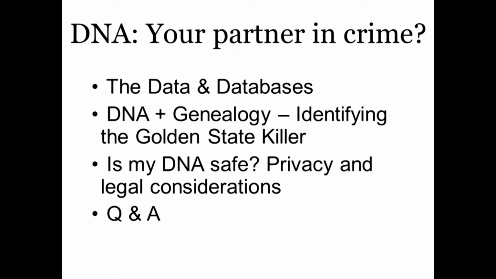So an overview for the meeting, I'm going to be talking about the historical context of the use of DNA and associated databases for the identification of criminal suspects. Then we'll be talking about advances in DNA technology and the combined use of information from DNA and genealogy to identify criminal suspects, which recently garnered national attention through the Golden State Killer case.